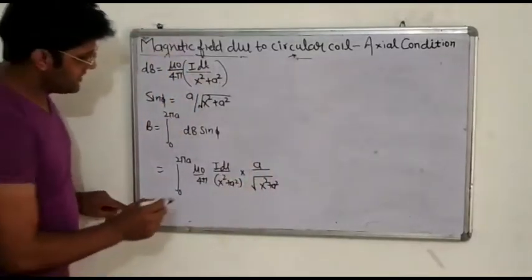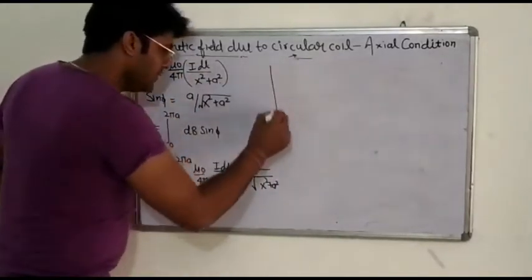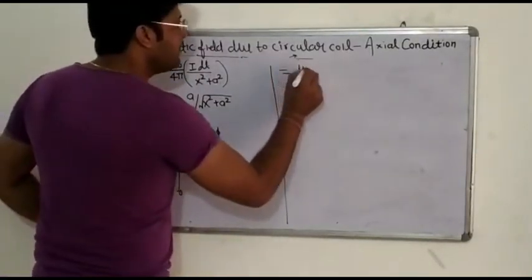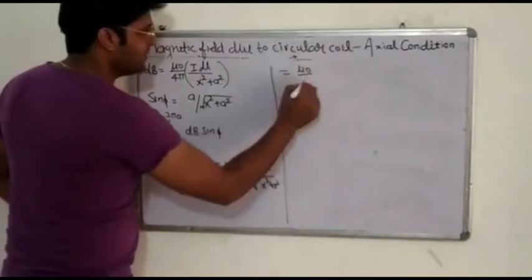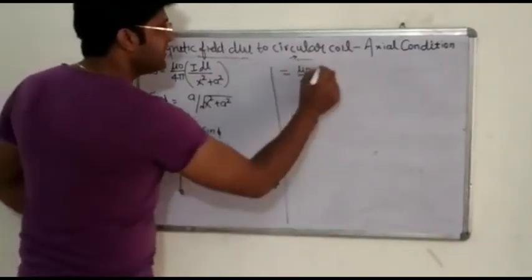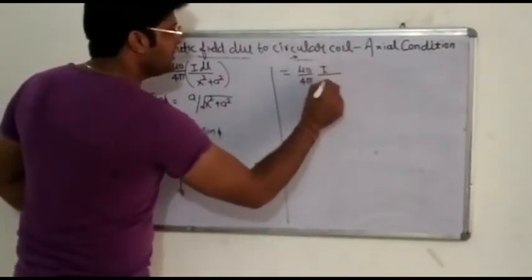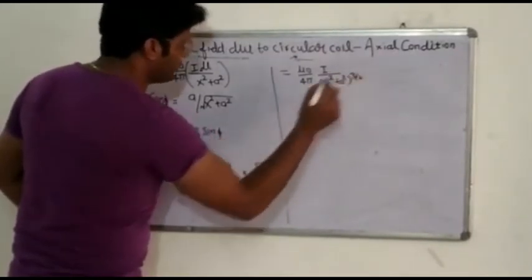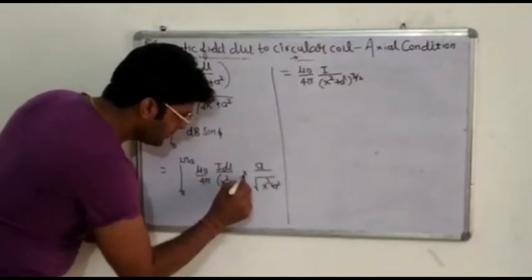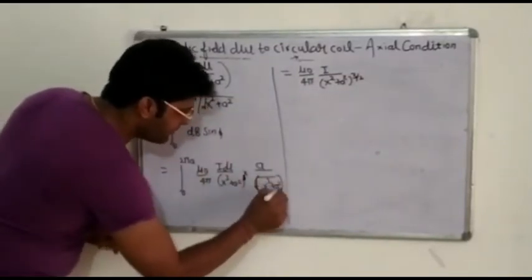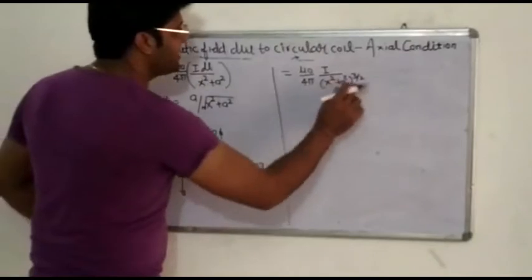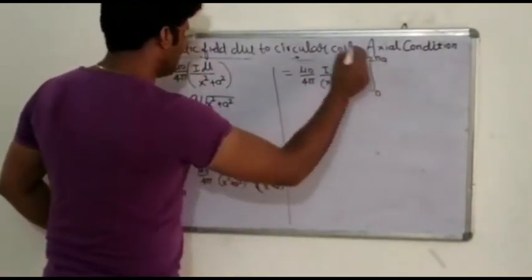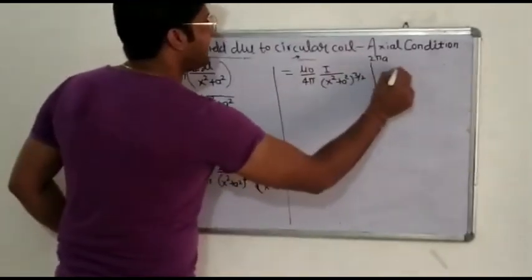You can see here we find B equals mu naught upon 4 pi and I a upon x square plus a square to the power 3 by 2. This is power 1 and this is power 1 by 2. So we will find 3 by 2, and integration from 0 to 2 pi a of dl.